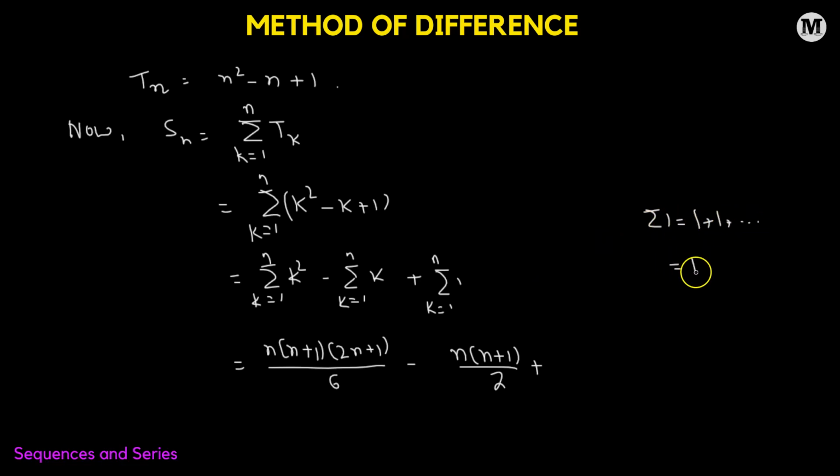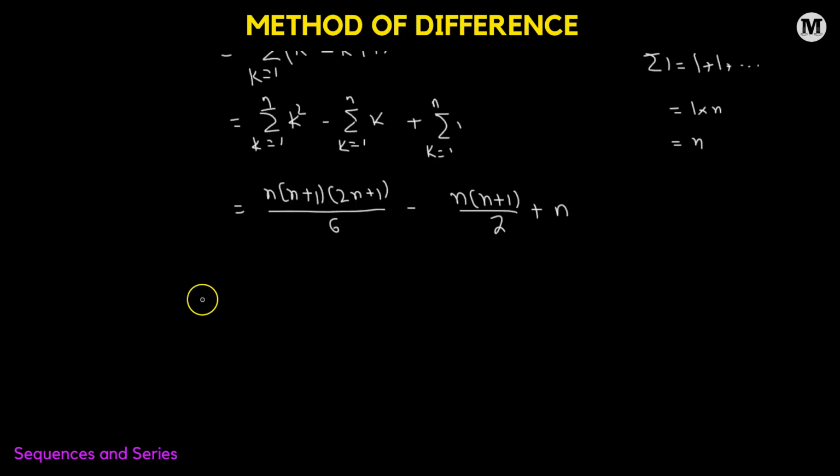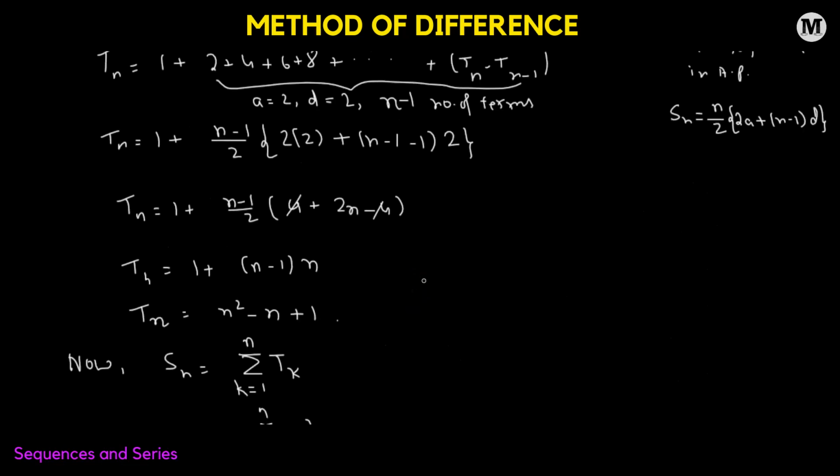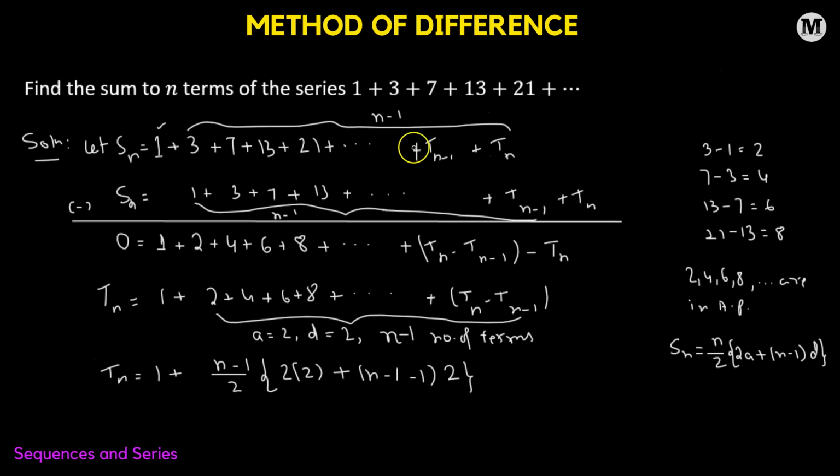So this is simply 1 multiplied by n, which gives us the value n. Okay, now we're going to combine the three terms, and that's going to give us the final value of Sn, which comes out to be n over 3 multiplied by n squared plus 2. So this is going to be the sum to n terms of the given series, 1 added to 3 plus 7 plus 13 plus 21 all the way up to n terms.